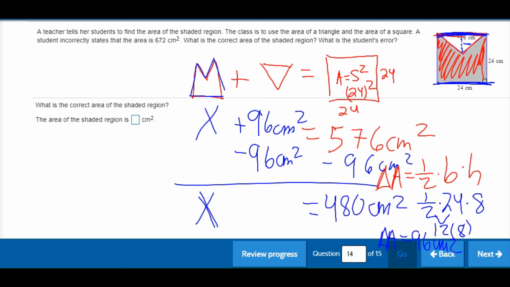Now what does this x represent? This x represents the area of the polygon, because that's the variable that I substituted in place of the area of the polygon.